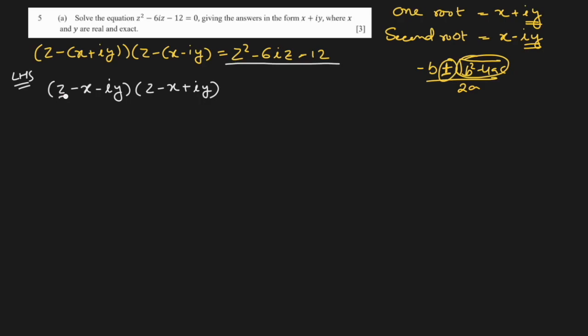Okay, so z times z is z square, z times minus x is minus xz, z times iy will be plus izy. Now minus x times z will be minus xz.